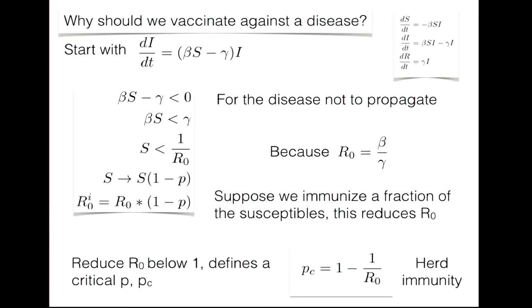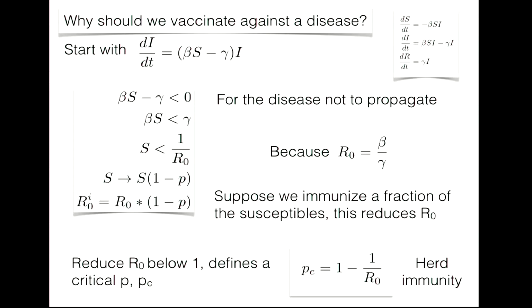Let's assume that I can replace the S by S times 1 minus p, where p is a fraction of the population, maybe 10%, 20%, 30%, in which case p is something like 0.2, 0.3, 0.4, which changes S therefore. What this does is to change the effective R0 to the initial R0 times the factor of 1 minus p. And here you can just go through these results and ask what that is.